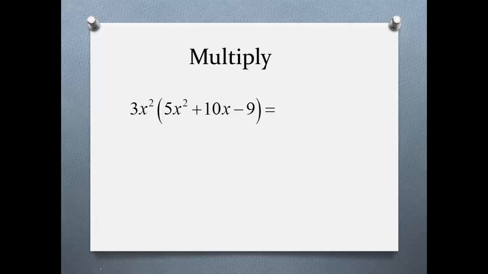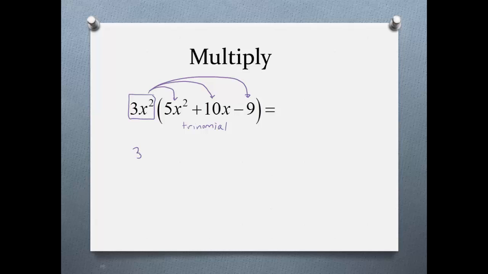Now let's move on to an example where we multiply a monomial like 3x squared by a polynomial, 5x squared plus 10x minus 9. And this is actually called a trinomial because it has 3 terms. Well, basically what I do is I just distribute this monomial and I multiply it by each of the terms inside the parentheses.